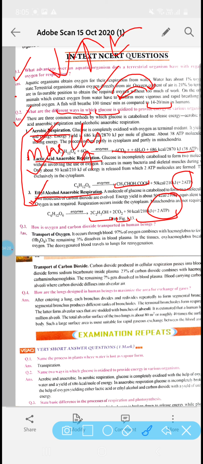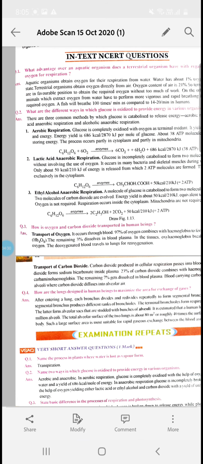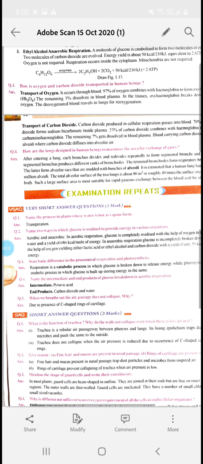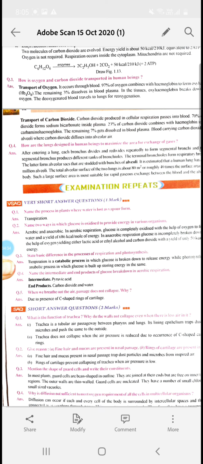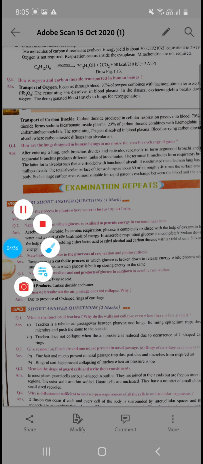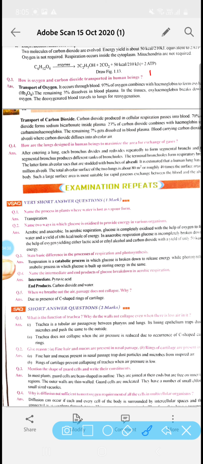Now we come to another question, that is, how are oxygen and carbon dioxide transported in human beings? It is again an important part. I have already discussed with you that oxygen binds with the molecule of hemoglobin to form oxyhemoglobin.